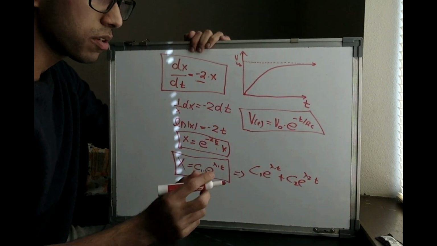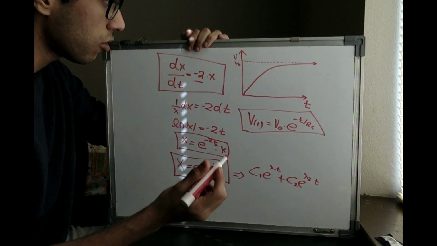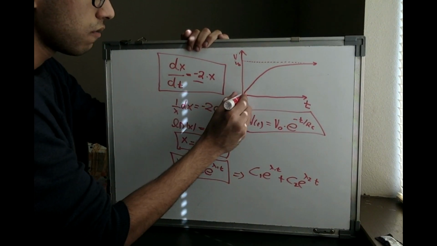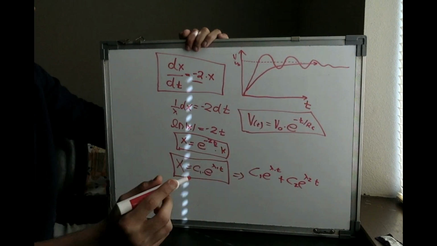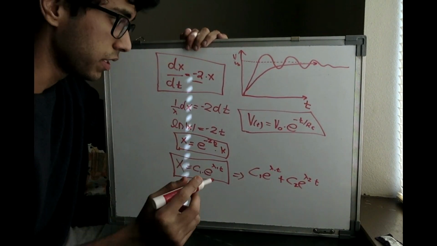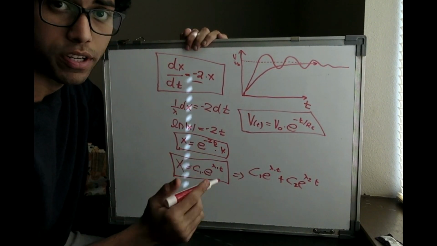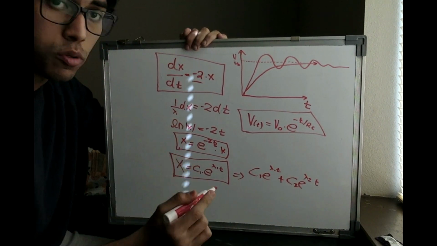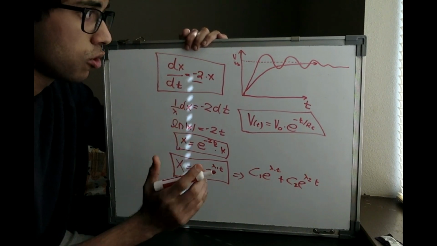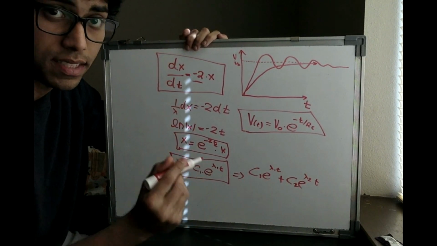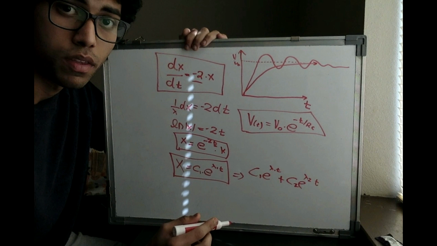And then I will get a little bit of oscillation, or a damped response, where I will get something like this. But eventually it's going to reach 0. And this is one of the most important applications of systems, where we try to make sure that the eigenvalues are negative, which also makes sure that the slope will eventually reach 0. And that's how we can conclude that the system is stable.